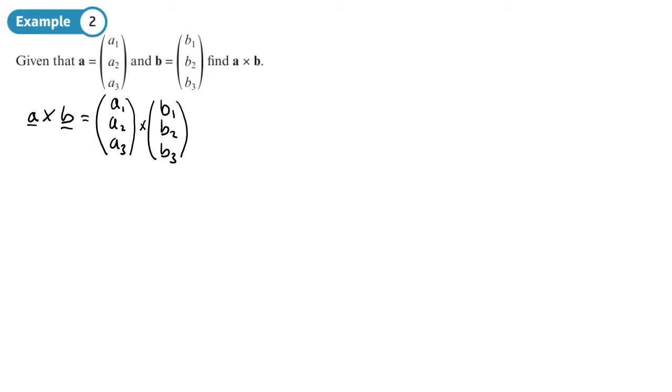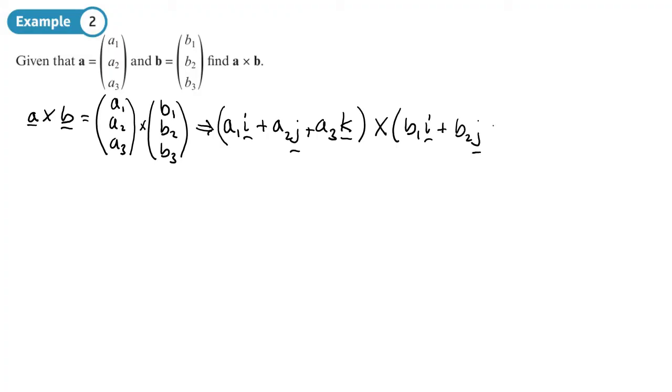Now to help me do this, I'm going to write these in terms of i, j and k. So a1i plus a2j plus a3k, and that's going to be crossed with b1i plus b2j plus b3k.